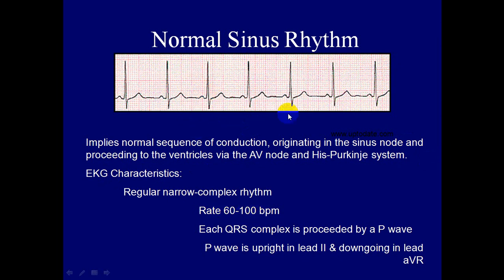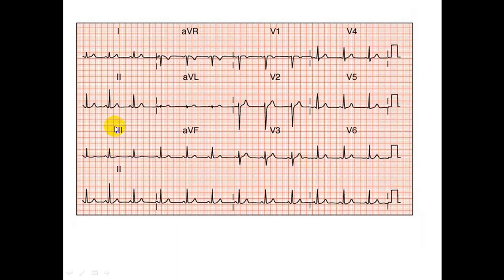Each QRS complex must be preceded by a P wave, which is upright in lead 2 and inverted in aVR. This is sinus rhythm. Here, at a rate of about 75, every QRS complex has a P wave, the RR distances are equal, the QRS duration and configuration are normal, and the PR interval is normal, so this is a normal sinus rhythm.